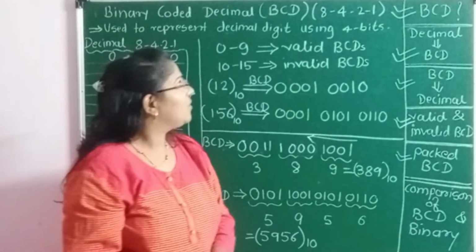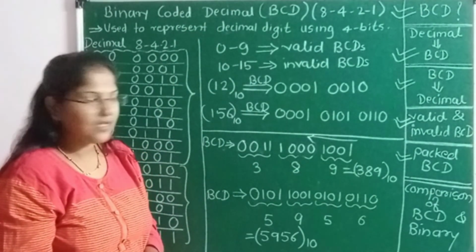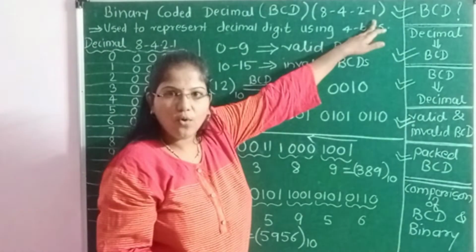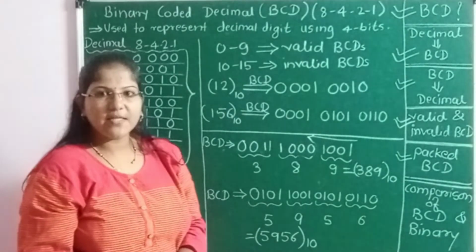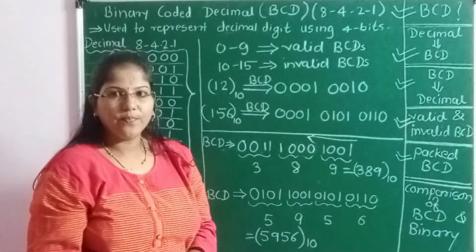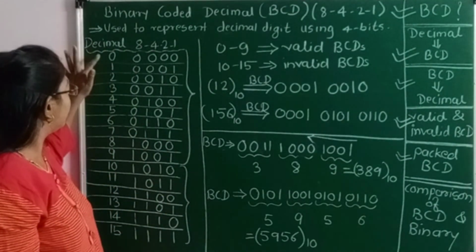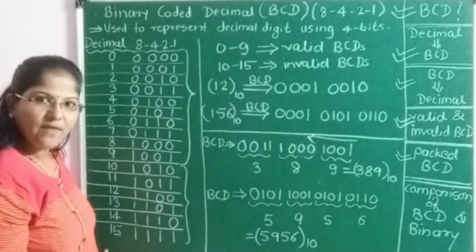So this is about the binary coded decimal, that is BCD, which is also called the 8421 code, because it uses the 8421 weighted values to represent each digit using 4 bits. And there are a total of 10 valid BCDs, 0 to 9, and then 10 to 15 are the invalid BCDs.